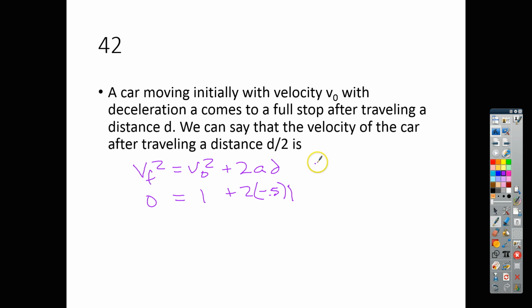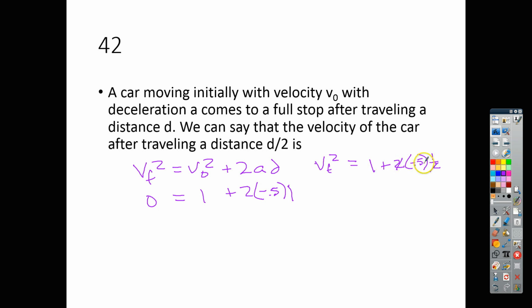So let's go ahead and plug some numbers in. Let's say we want to find the final velocity squared. That's equal to, the original velocity here is going to be 1 again, plus 2 times negative 0.5. Those don't change, but we want 1/2 now. The 2 and the 2 here cross off.